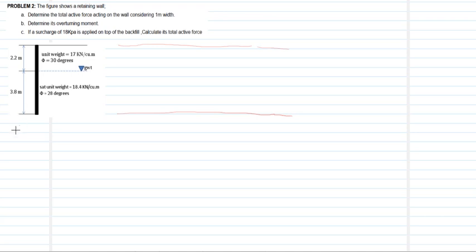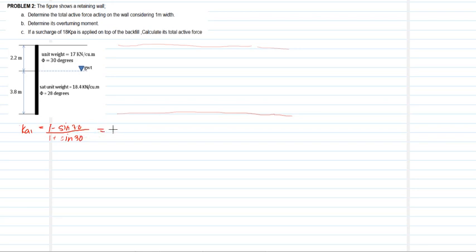Okay? So, first is to solve for our coefficient of Rankine's active earth pressure, yung KA natin. So, yung KA1 yan yung ating coefficient just above our groundwater table. That is equal to 1 minus sine of 30 over 1 plus sine of 30.